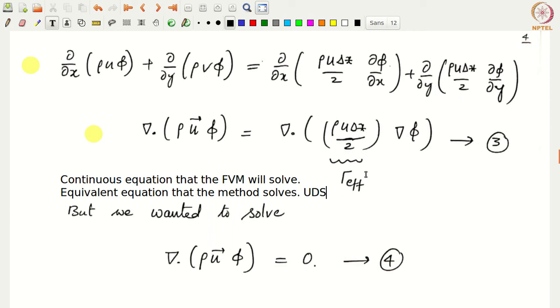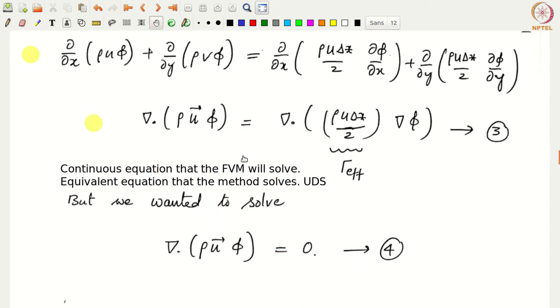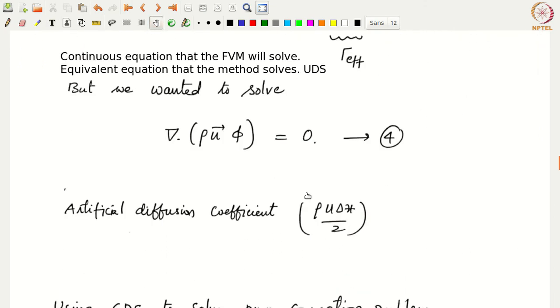So that means there is some diffusion, which we call numerical diffusion, which is coming into play because of the upwind difference scheme that we have chosen, and the artificial diffusion coefficient is not a constant, rather it is equal to rho u delta x by 2. That means if we try to solve pure convection using UDS, it will be diffusive.